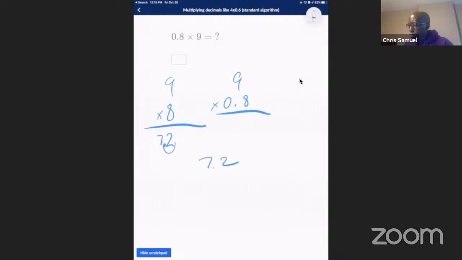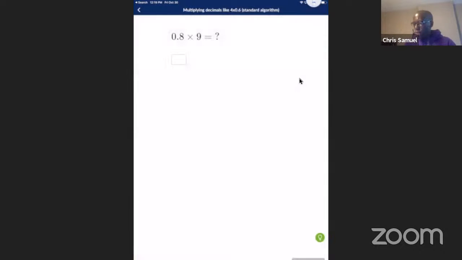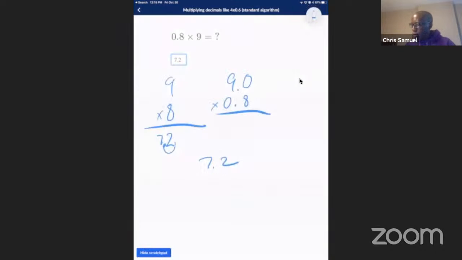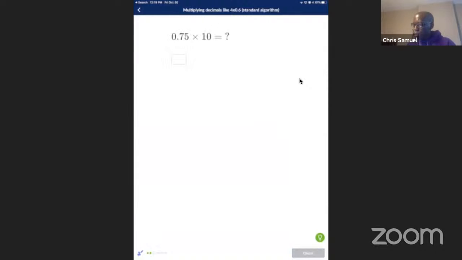Because this over here, let's just grab that, we'll move it over here like that, and we will add 0. There we go. Now we can move on to the next one.